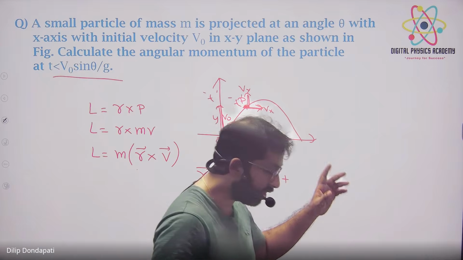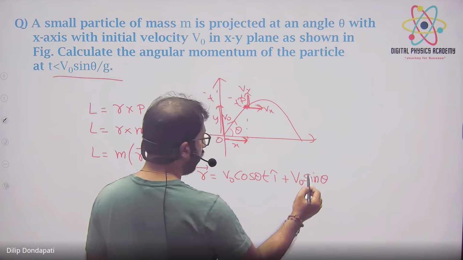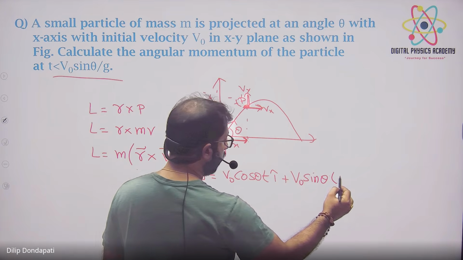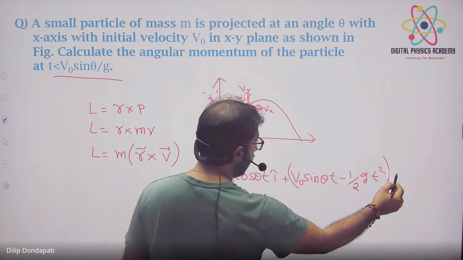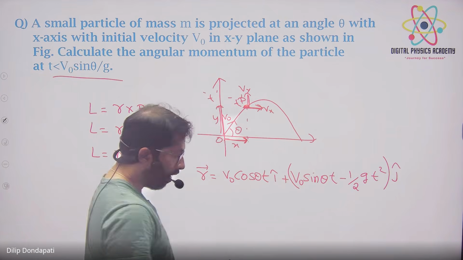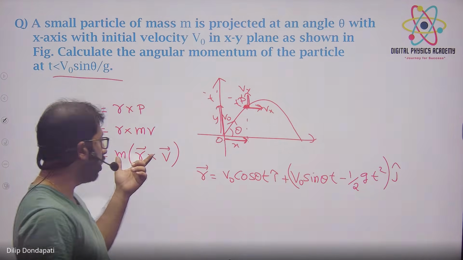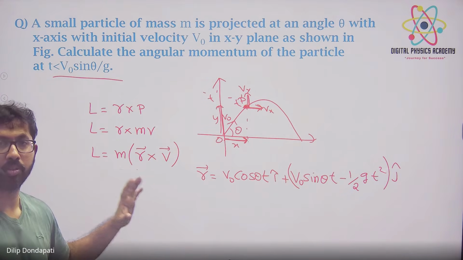Initial velocity in y direction is how much? v naught sin theta. So v naught sin theta t minus half g t square, right? Into j cap. Why we are doing this? Because आपको cross product करके आंसर, ऑप्शंस में cross product दिया है.